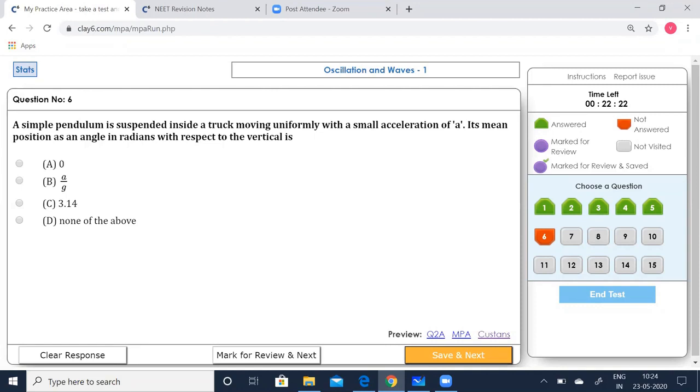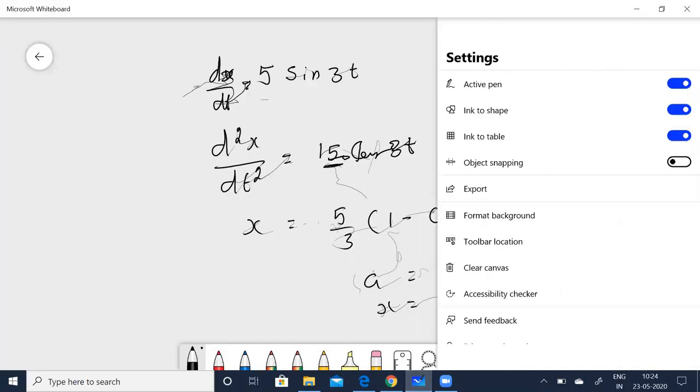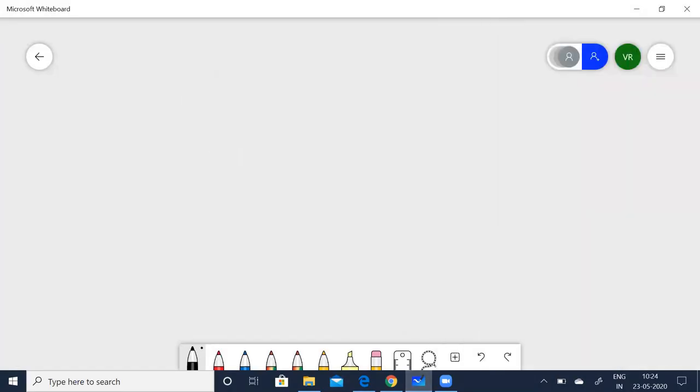The vertical acceleration is due to the acceleration due to gravity, that is 9.81 meters per second square, and the inertial acceleration is opposite to that of the motion of the truck. So I can quickly put it like, if this is the ball, these are the two components.